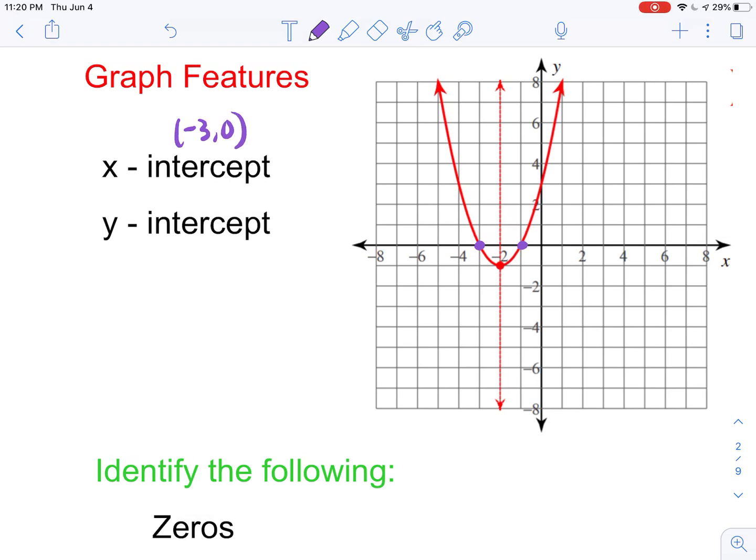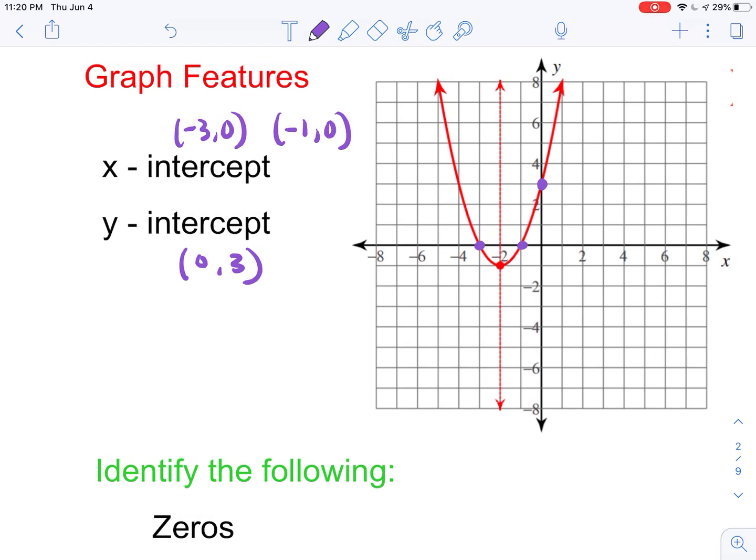There's the point (-3, 0), and the point (-1, 0). Still the same idea that we're crossing the x-axis, but it changes with a parabola in that we end up with 2, sometimes 1, sometimes no x-intercepts on the graph. The y-intercept is still going to be the place where I cross my y-axis, so that's going to be right here, and that's going to be the ordered pair (0, 3).